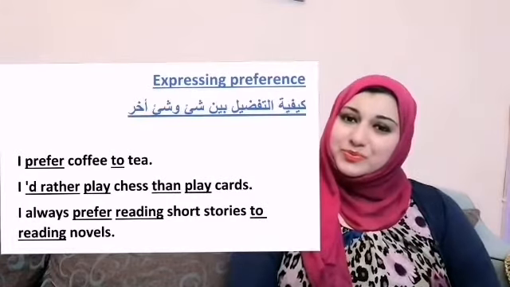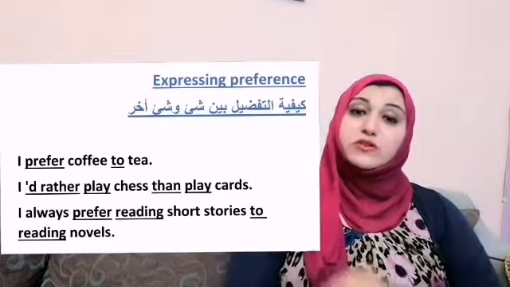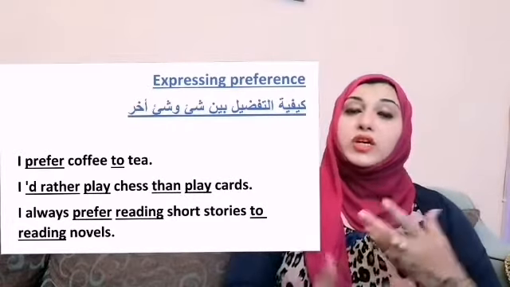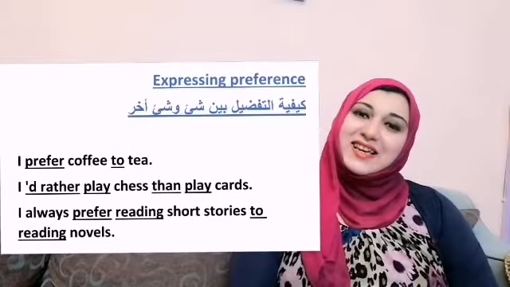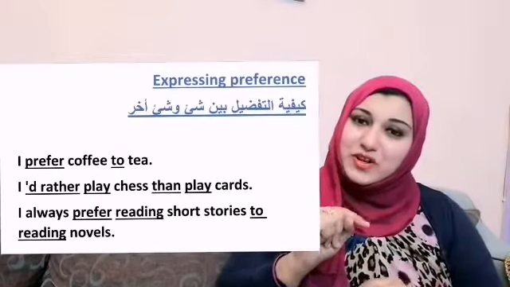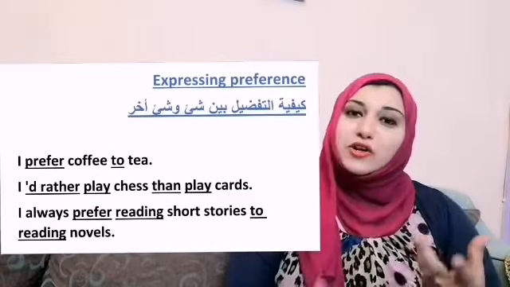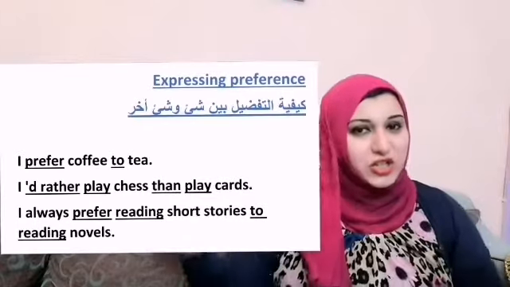Another form about expressing our preference, or what we prefer, we can say I prefer again, but this time after prefer, we will use the gerund. What is a gerund, Mrs. Rasha? The verb plus ing.